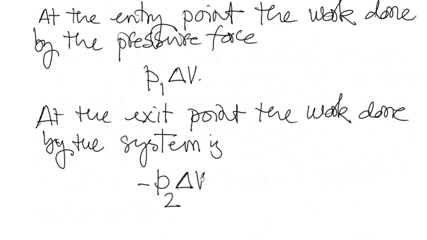P2 into delta V is negative because this is the work done by the system, and the other is the work done by the pressure force on the system.